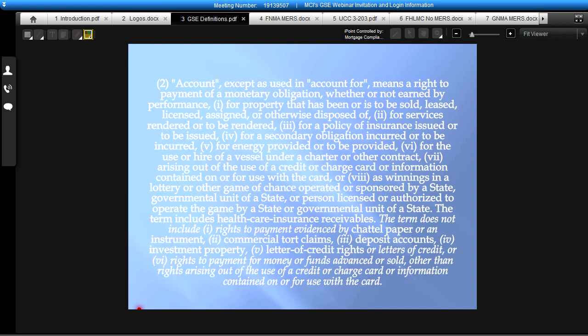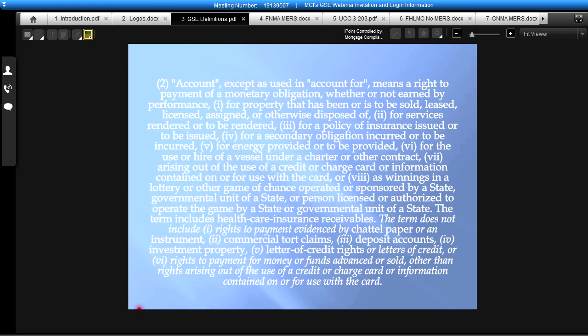For a secondary obligation incurred or to be incurred. For energy provided or to be provided. For the use or hire of a vessel under a charter or other contract arising out of use of a credit card. This is all under the definition of account. You can read it a little better later when it's in full.